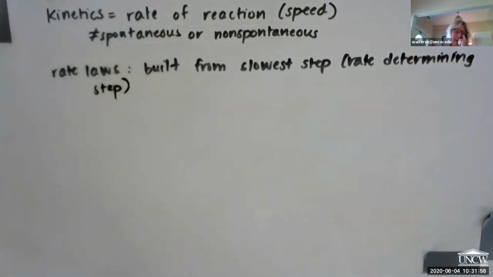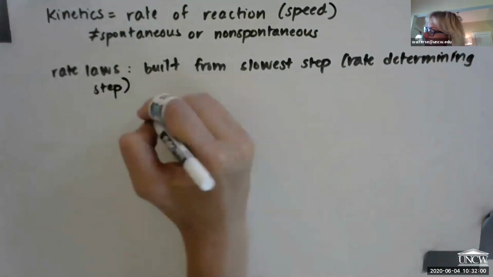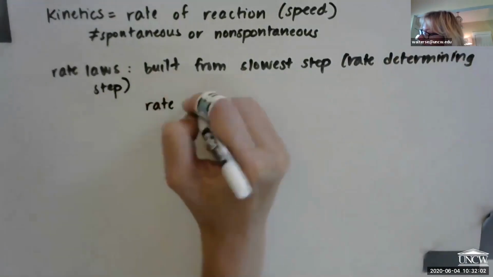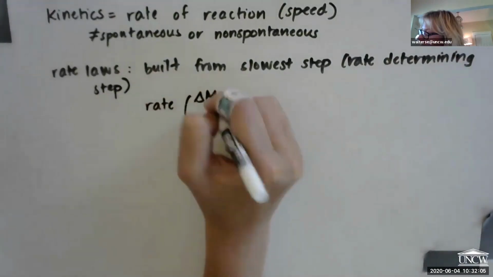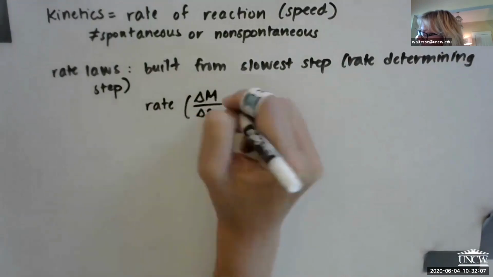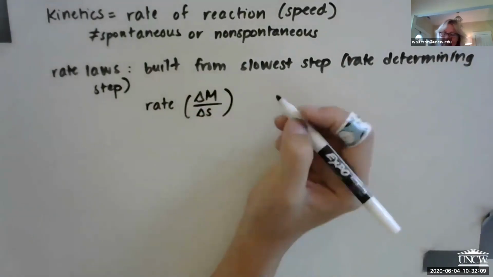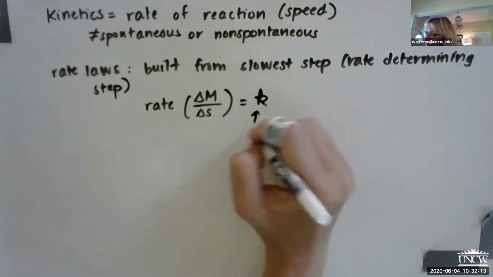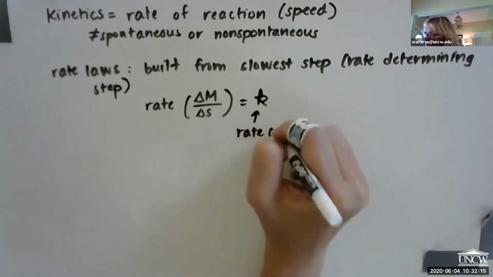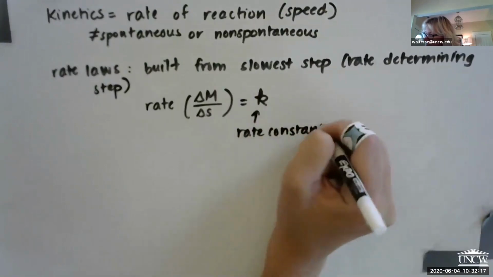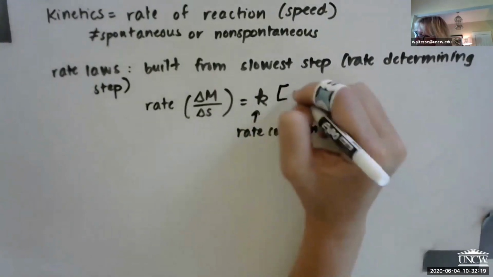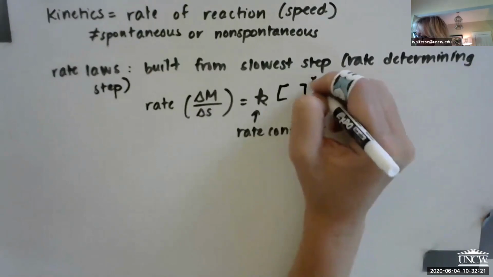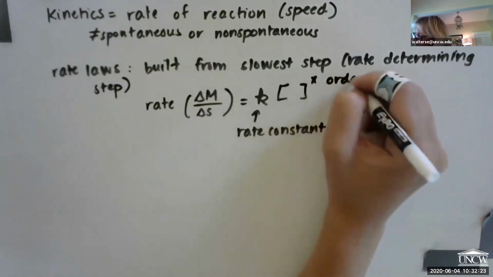And rate laws are built by saying the rate, which is measured as the change in concentration over the change in time, is equal to a script k, which is called the rate constant, times the concentration of species raised to some order.